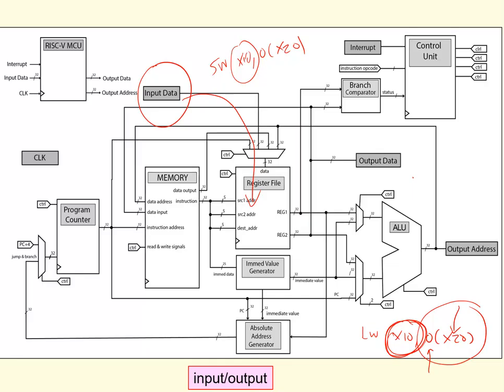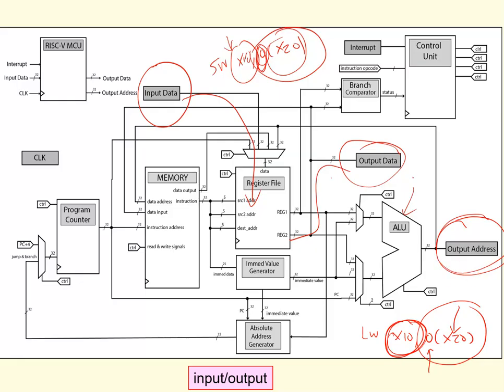And the idea is, it's going to take the data in this register, and here it goes right here. This is output data coming out of this register, and it's going to toss it out at this address. Once again, it's going to calculate this address using the ALU. It's going to add whatever this constant is plus this base address, whatever value is in that register. That's what it's going to output to the outside world right there.